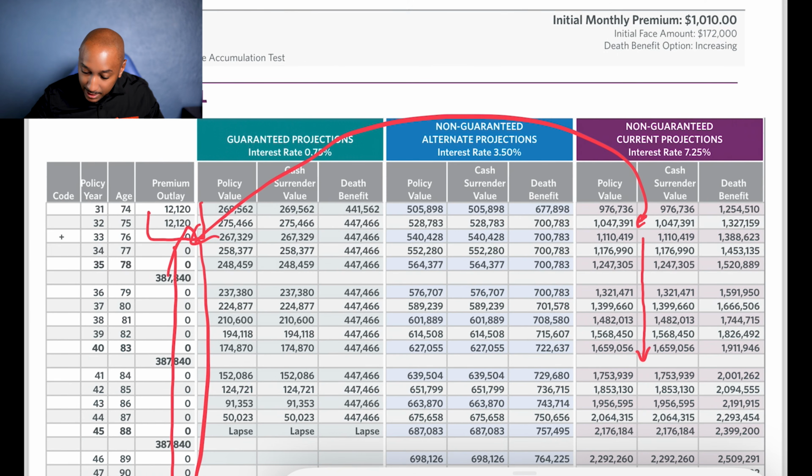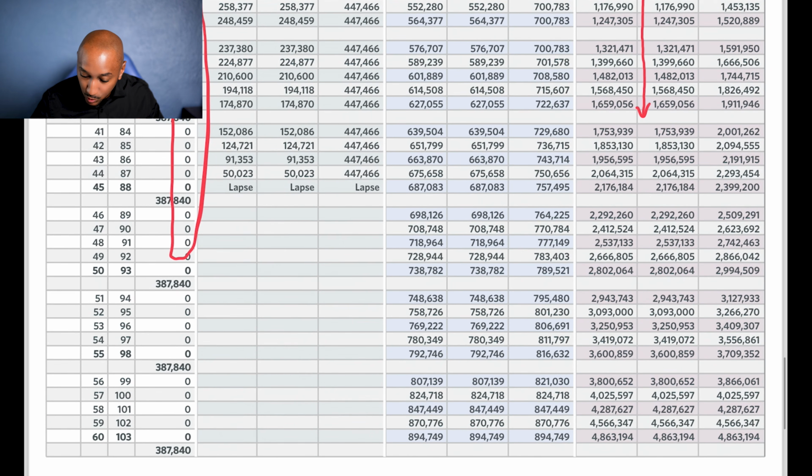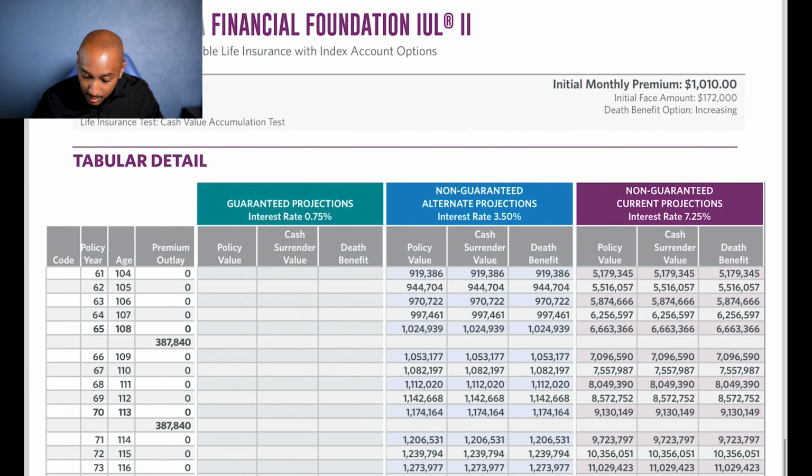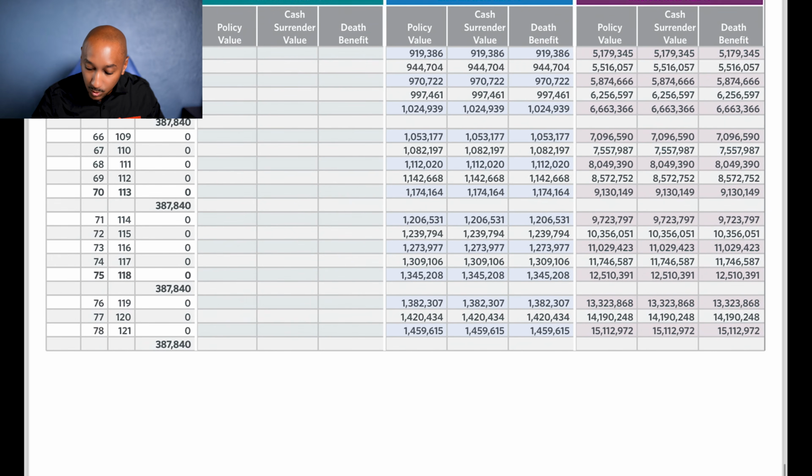And if we look at it, it continues to grow all the way to maturity, which technically is age 121. So even the 3.5% rate made it to maturity, and the 7.25 also made it to maturity with $15 million in cash value. So huge difference in design.